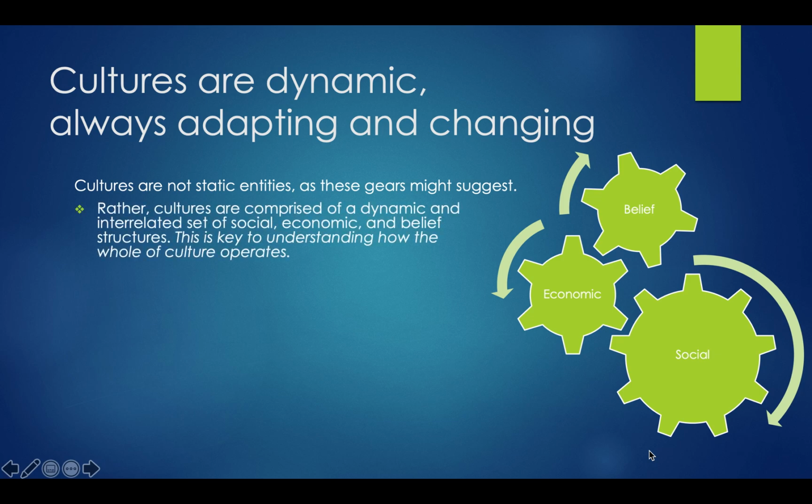Cultures are comprised of a dynamic and interrelated set of social, economic, and belief structures. So you have to understand all three of those and how they interact with one another to understand how the whole of the culture operates. And so today's anthropologists really look at culture as a dynamic process, right?